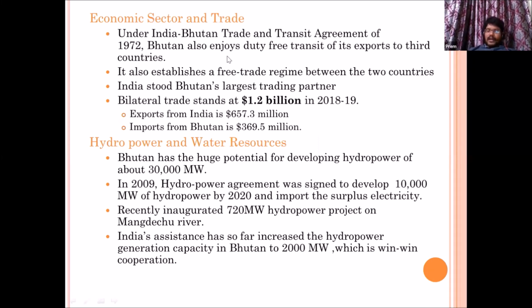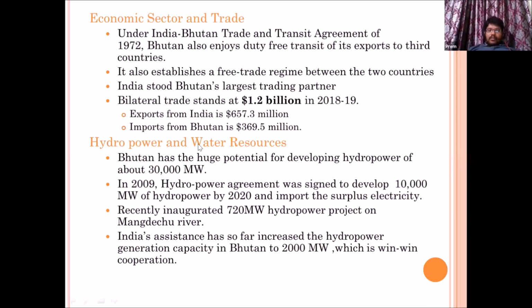That means 90% of all its bilateral trade is with India. As Bhutan is a very small country, right now the trade volume is at 1.2 billion. In that 1.2 billion, about 65% is our exports and only 35% is our imports. So here also we have a trade surplus with Bhutan.